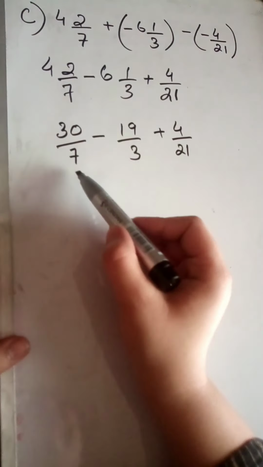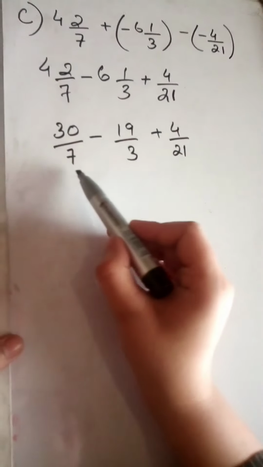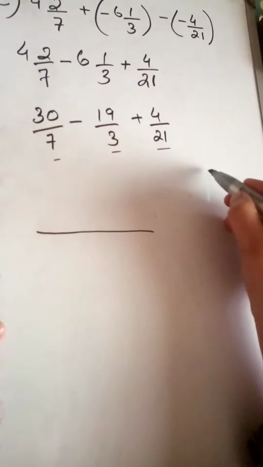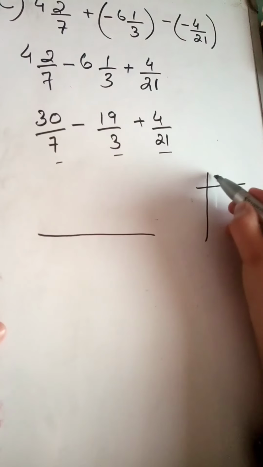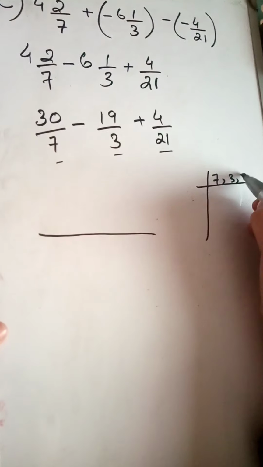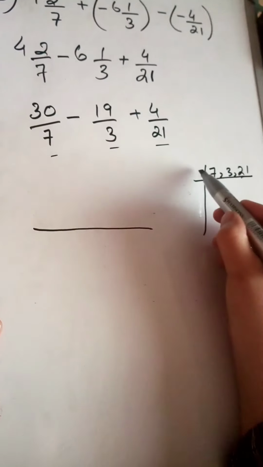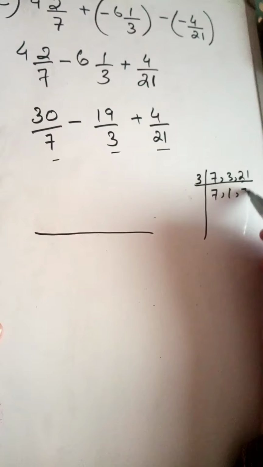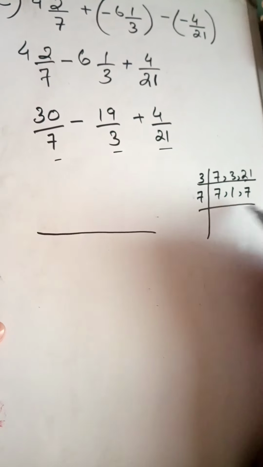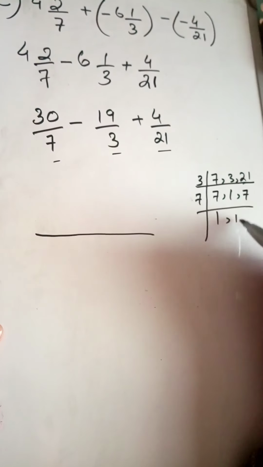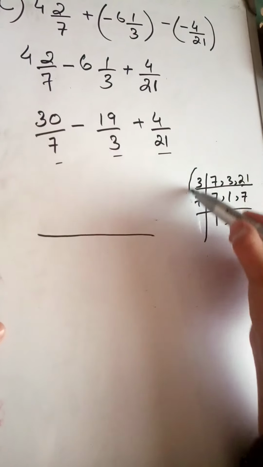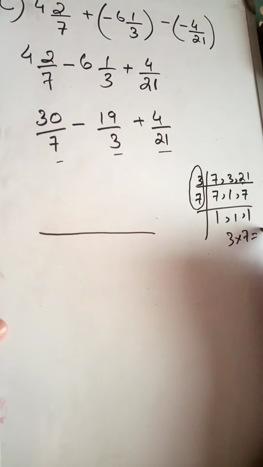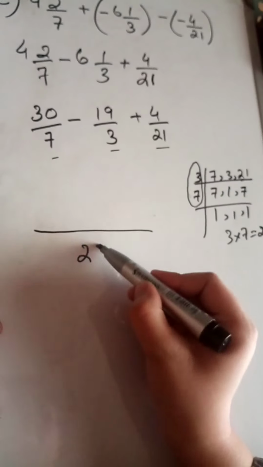Now in the next step, we take the LCM of 7, 3 and 21. 3 1s are 3, 3 7s are 21, then 7 1s are 7, 7 1s are 7. So we multiply 3 by 7, we get 21. So 21 is our LCM.